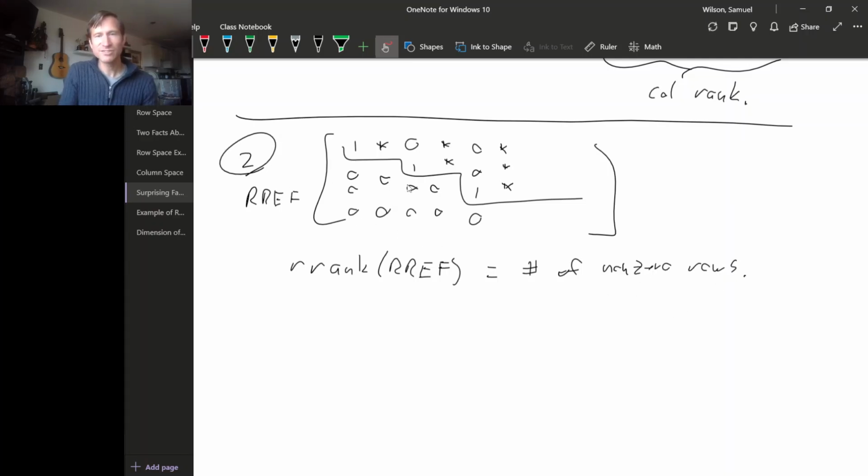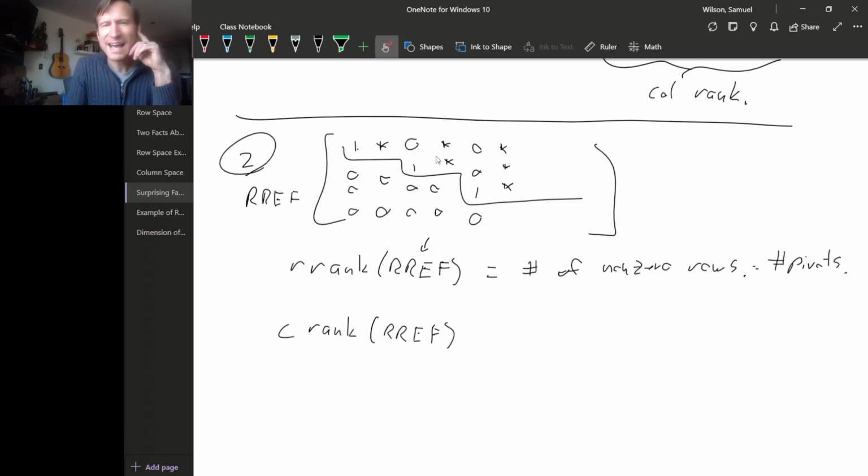So the row rank is just the number of non-zero rows in the reduced row echelon form. Now let's think about the column rank for a reduced row echelon form. Oh, sorry, before we do that, notice that the number of non-zero rows is the same as the number of pivots, because every non-zero row has a pivot in it. All right, so what's the column rank?